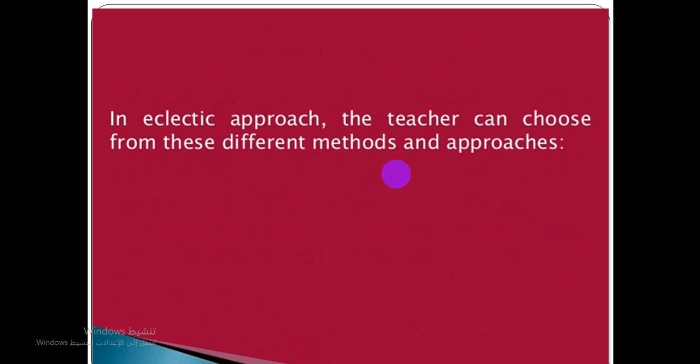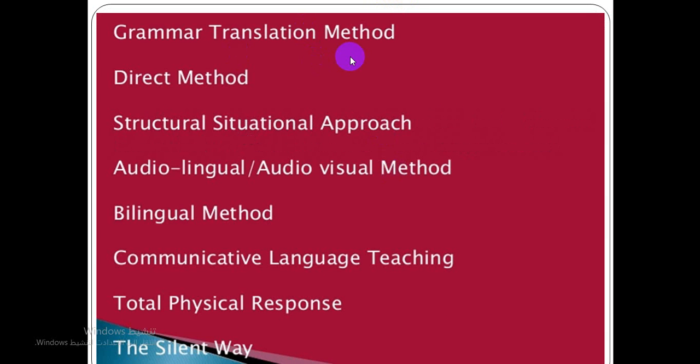In the eclectic approach, the teacher can choose from these different methods and approaches, which are grammar translation method, direct method, structural situational approach, audiolingual method, bilingual method, communicative language teaching, total physical response, the silent way. The eclectic approach is used as one of the main approaches in language learning inside the classroom.